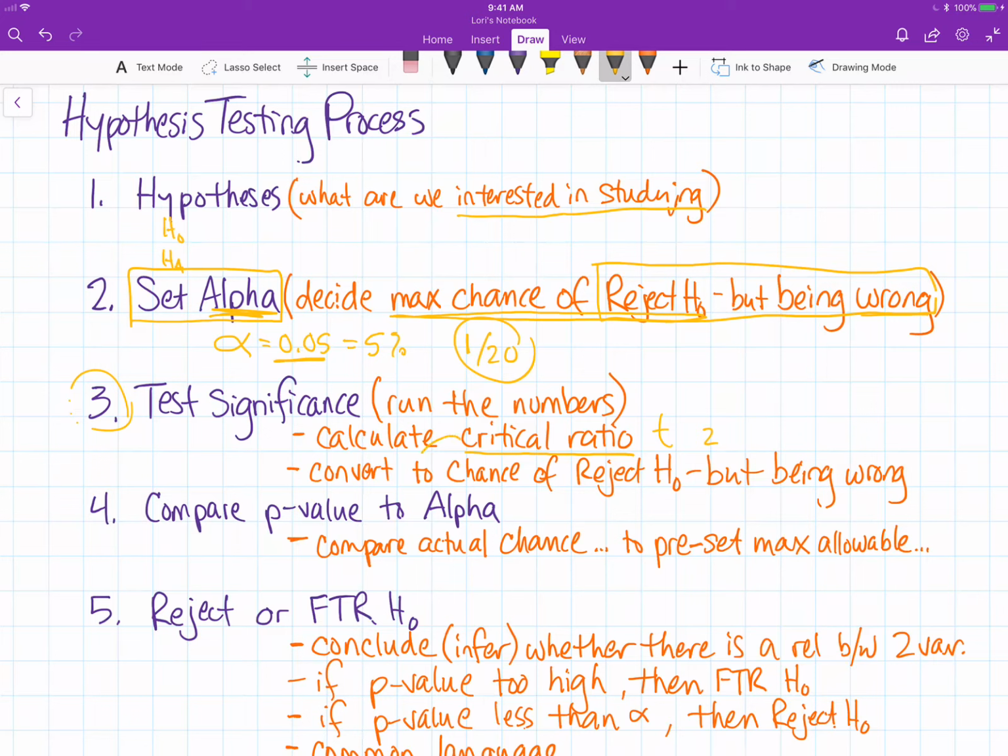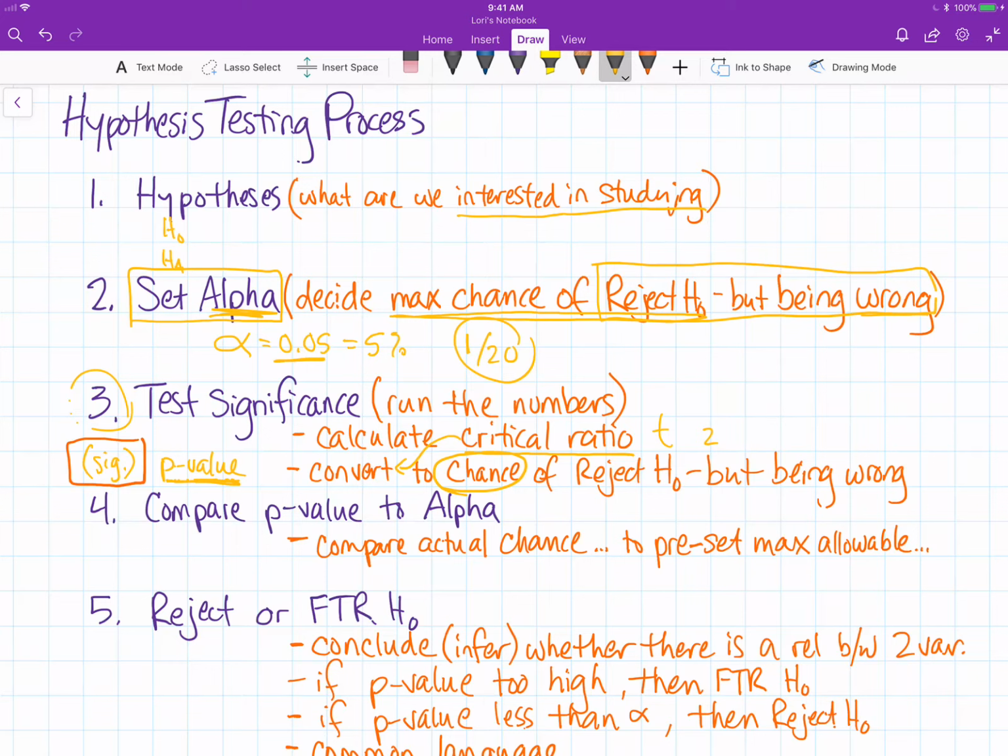But then that critical ratio is converted into this chance. We convert the critical ratio into something called a p-value. And that p-value is also synonymous with something called sig, or significance. In the SPSS output, you'll actually see this as a column header, and so that's what you're looking for. That is your p-value. That is your chance of rejecting the null but being wrong.